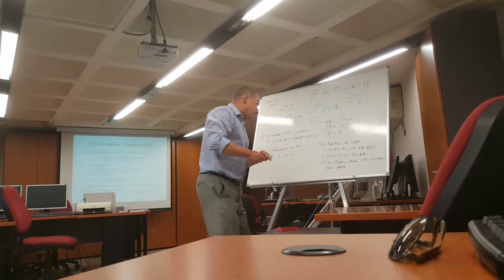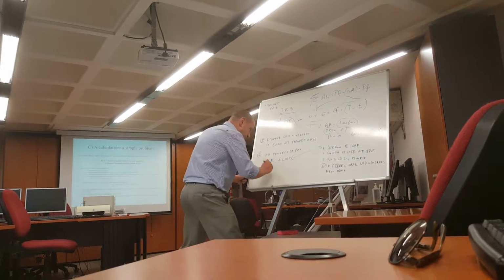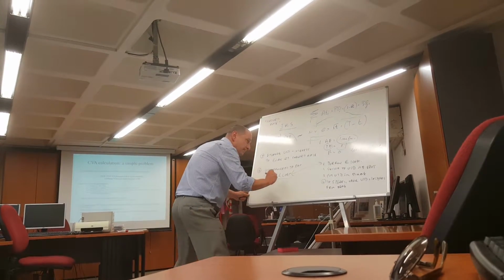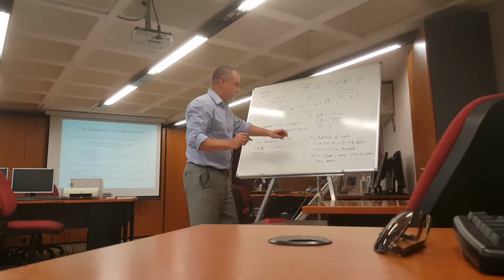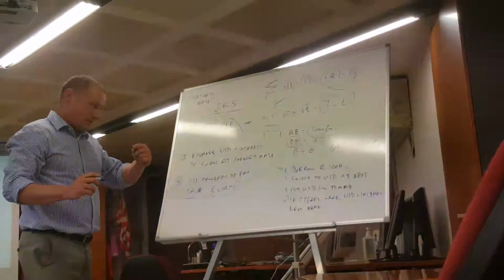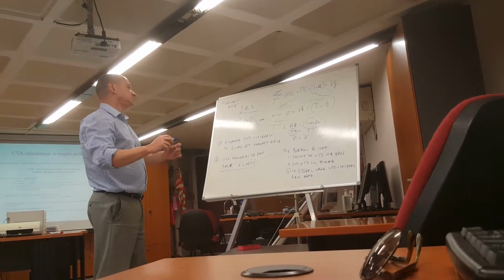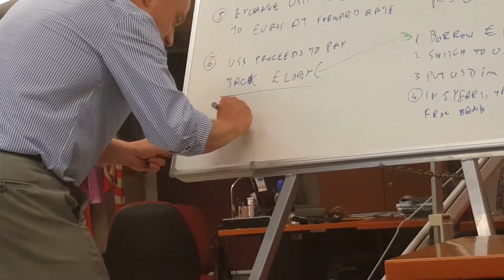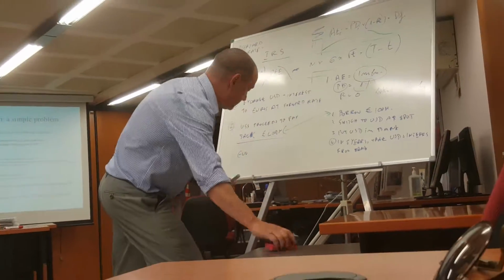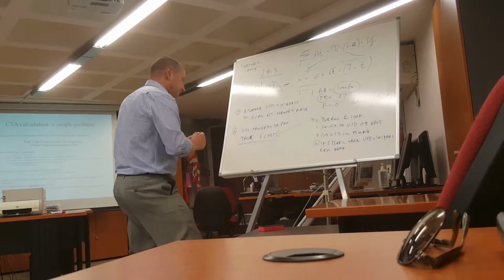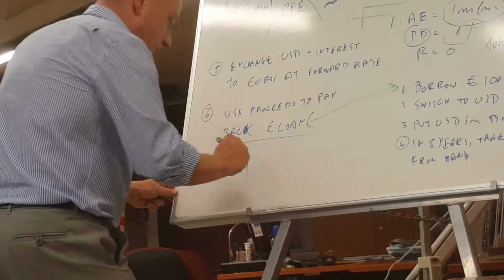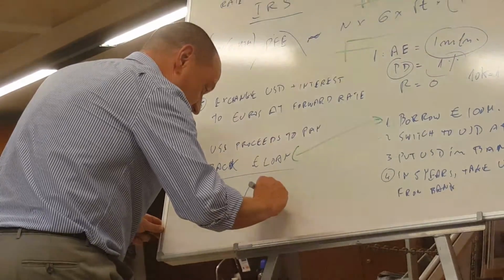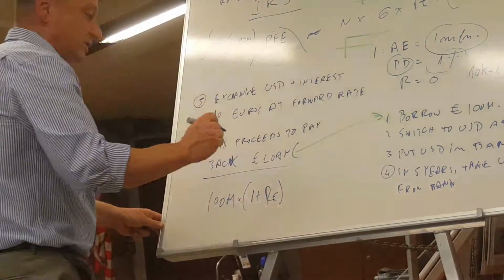So, what does this mean? It means that the amount of euros in 5 years from now is going to be 100 million times 1 plus the interest rate of euro, to the 5th.